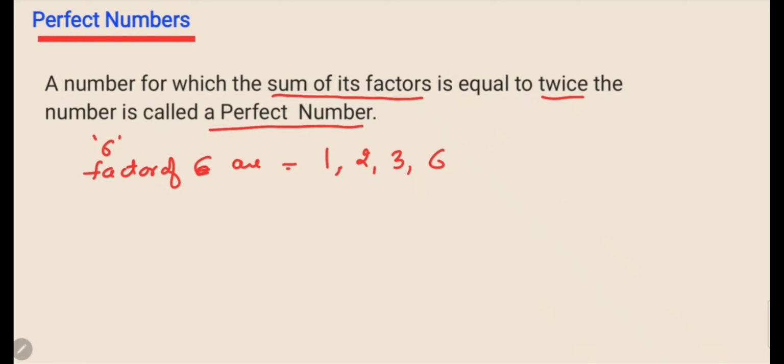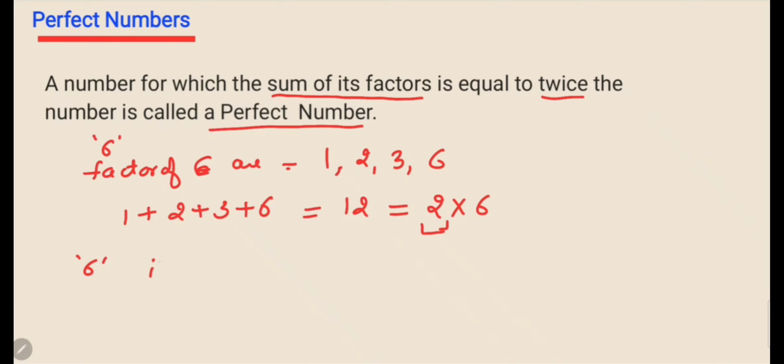If I add these factors, 1 plus 2 plus 3 plus 6, it is equal to 12, and this 12 we can write as 2 multiplied by 6. Because the sum of the factors is equal to 2 times 6, we can say 6 is a perfect number.